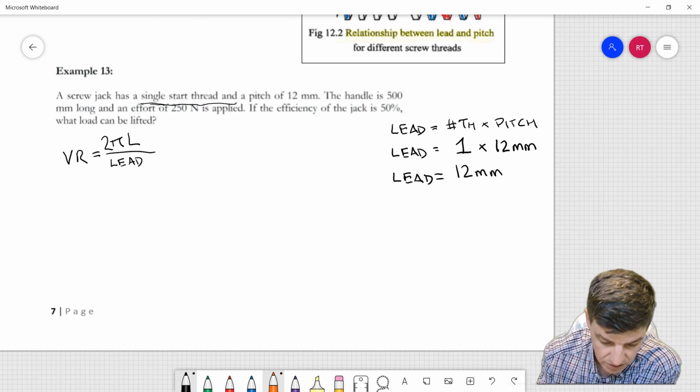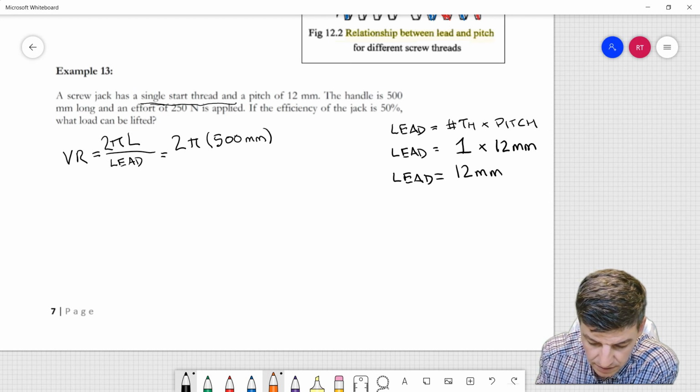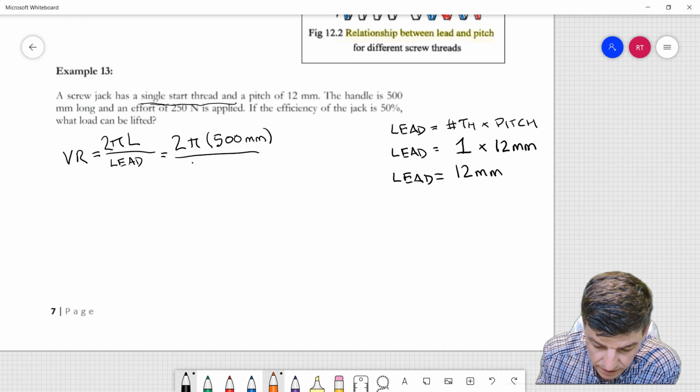So VR is going to be equal to 2 times pi times 500 millimeters upon the lead of 12 millimeters.